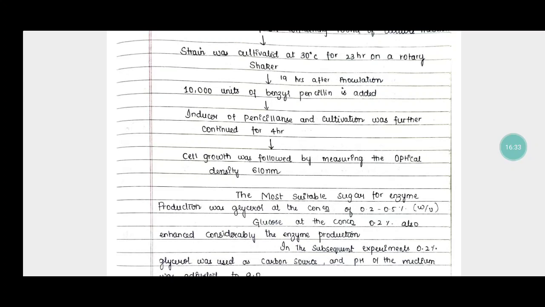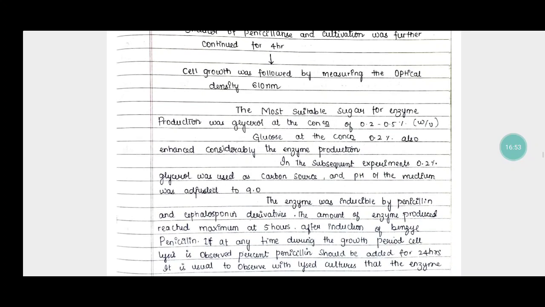The most suitable sugar for enzyme production was glycerol at a concentration of 0.5 weight by volume, while glucose at a concentration of 0.2% also considerably enhanced enzyme production, and in the subsequent experiments 0.2 was used.